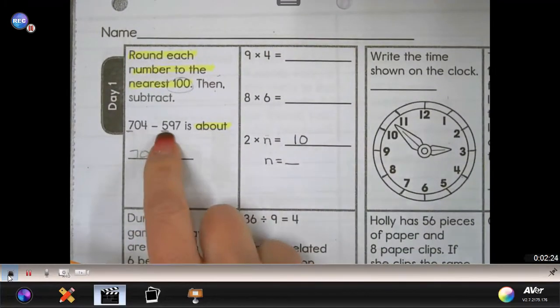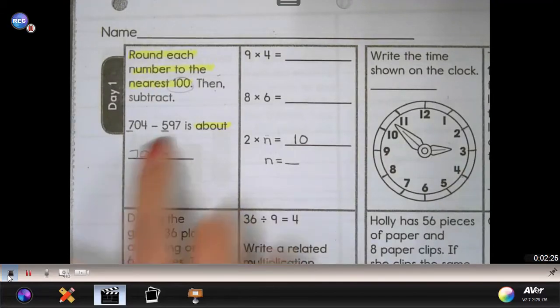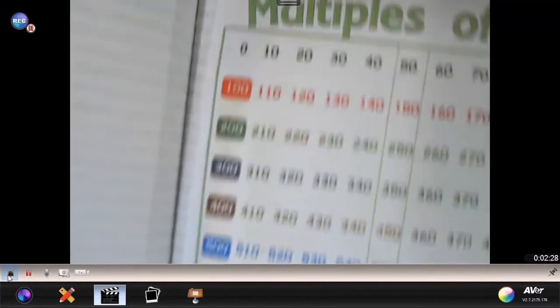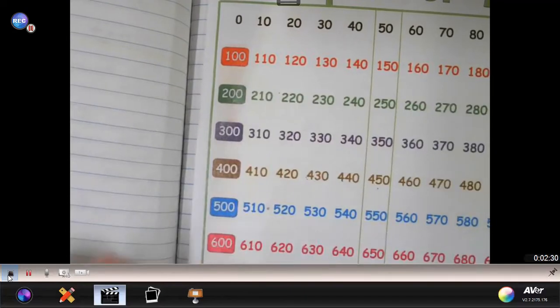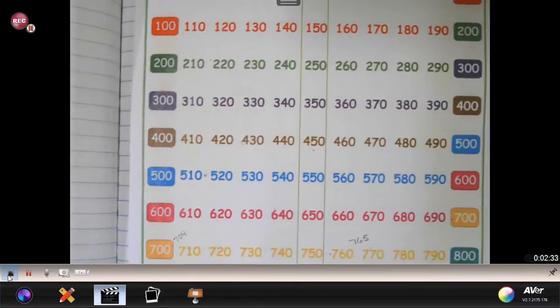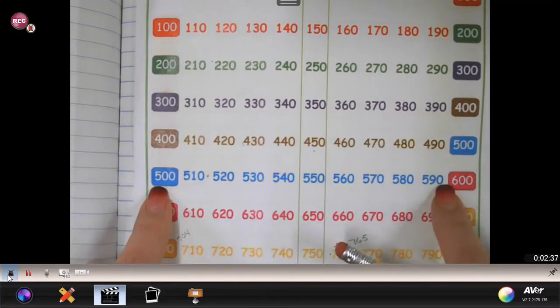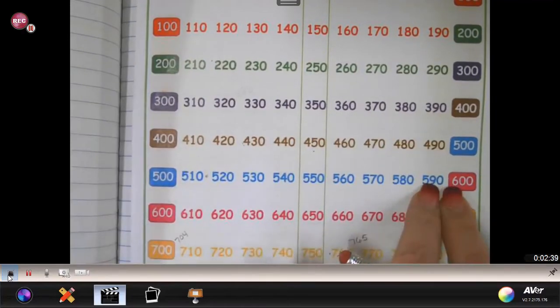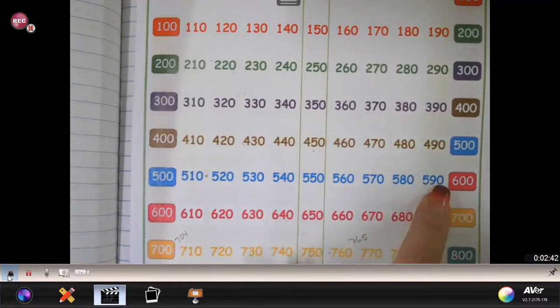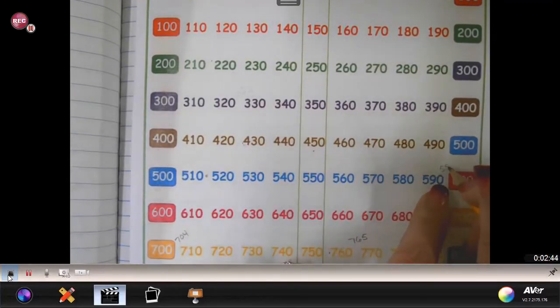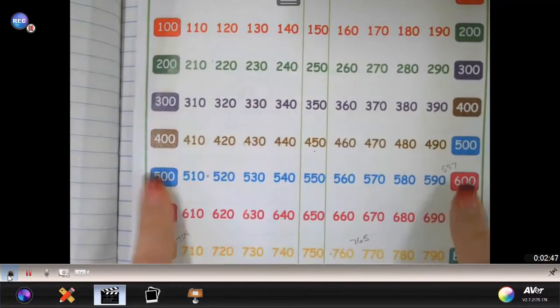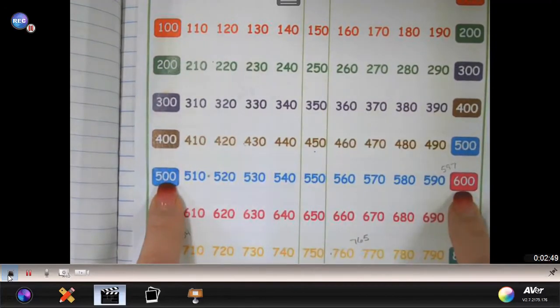Well, there's a 500 here in the hundreds place. So we know it's between 500 and 600. Now 597 is right about here, between 590 and 600. So now let's look at the hundreds it's between.